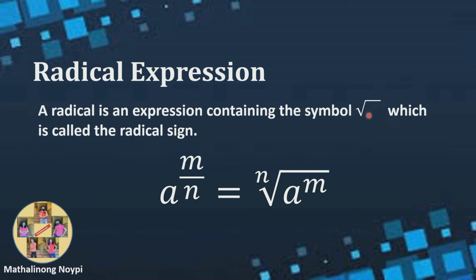So, in exponential form, that is a raised to m over n is equal to the nth root of a raised to m. So, yung n natin ang denominator and then yung m ang numerator sa exponential form.